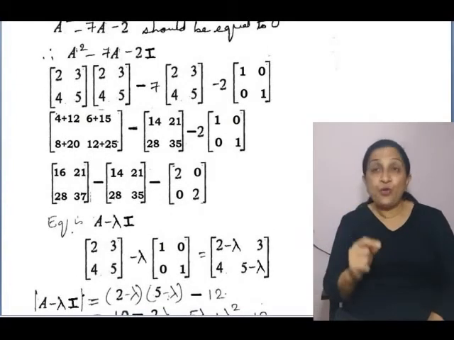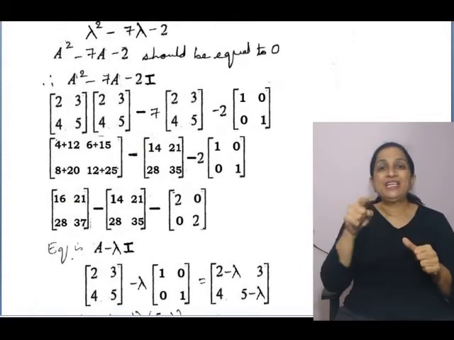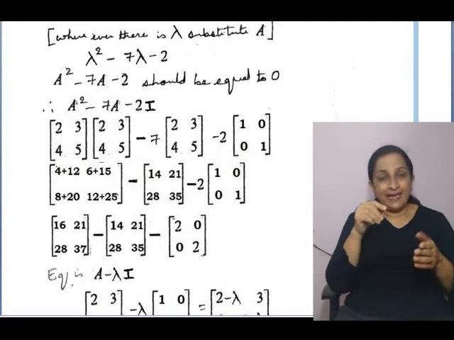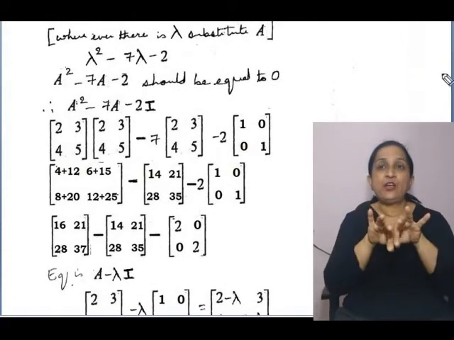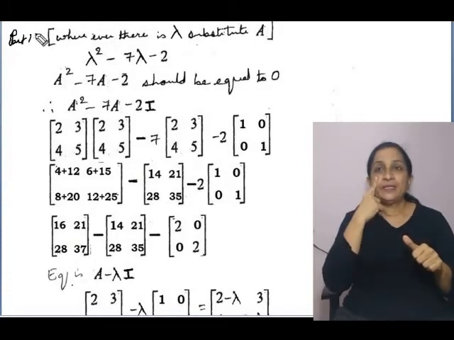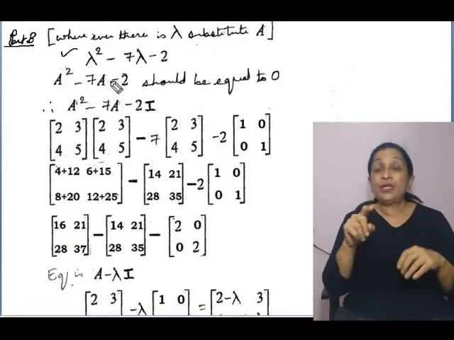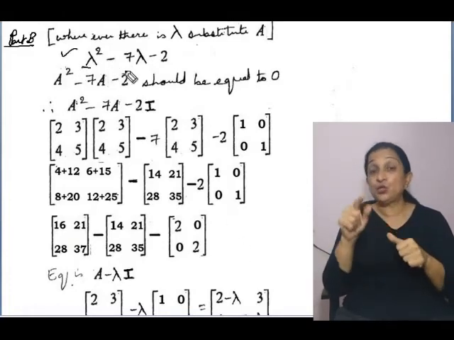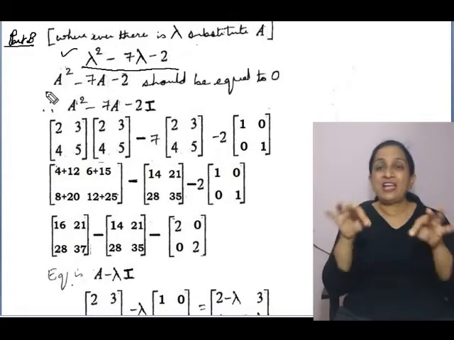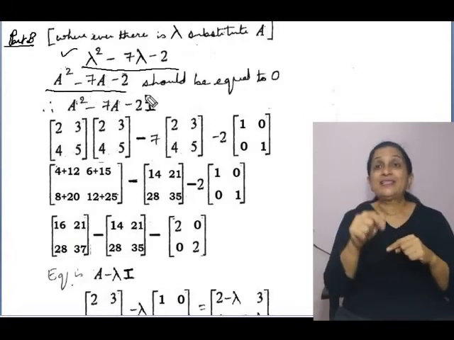We got the equation in part A. Now you substitute, this is the part B, the second part actually. So you take the equation we got, lambda squared minus 7 lambda minus 2. Substitute lambda by A, then you get an equation in A squared minus 7A minus 2.